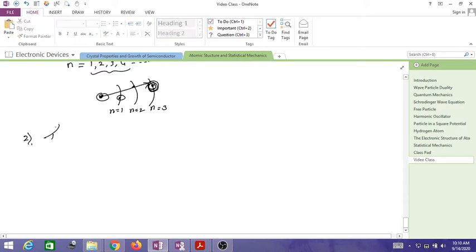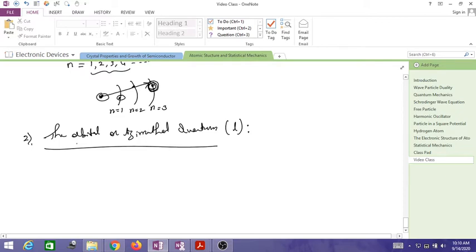The second one is the orbital or azimuthal quantum number, and it is represented by L. This quantum number describes the shape of the region of space occupied by an electron.